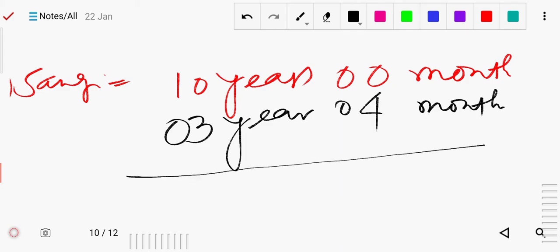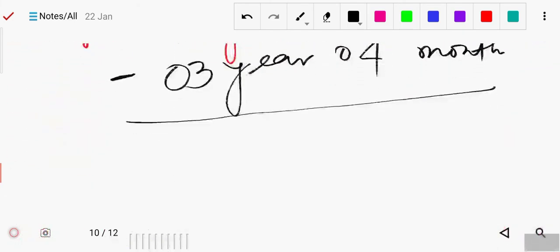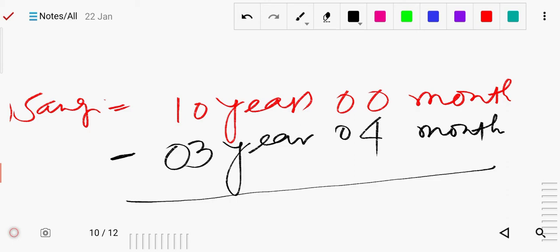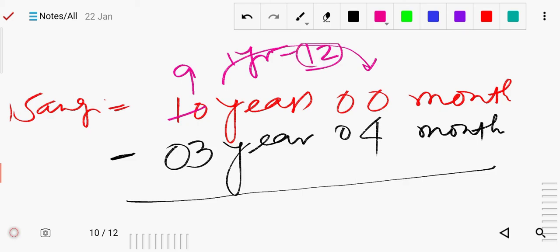Now you can subtract these two. How will you subtract here? First of all, you can see here it is 0. Can we subtract? No. So we will take a borrow, so here it will be 9. 1 year comes to the month side, so 12 will come here. Now 12 plus 0, it became 12.